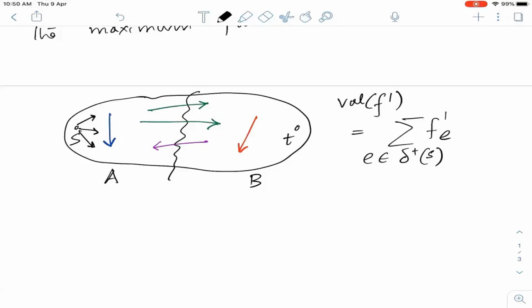So this is the value of the flow, given a flow assignment f prime to your edges. Everyone with me on this?